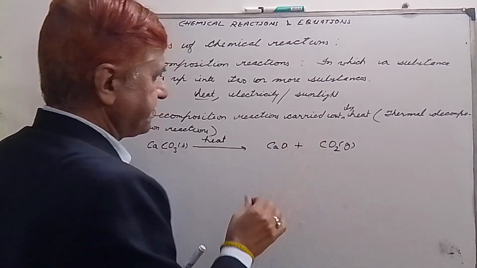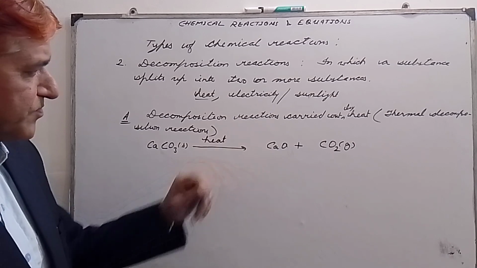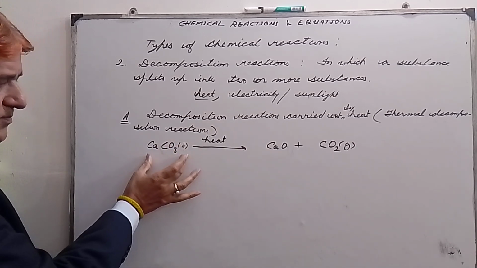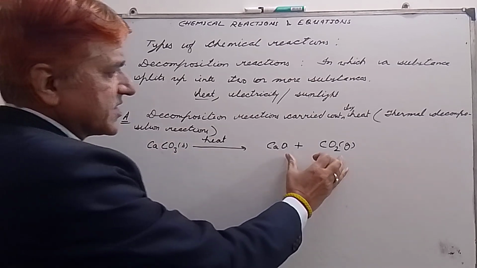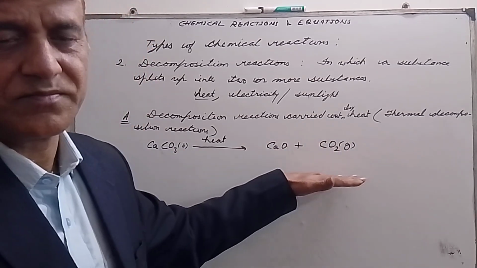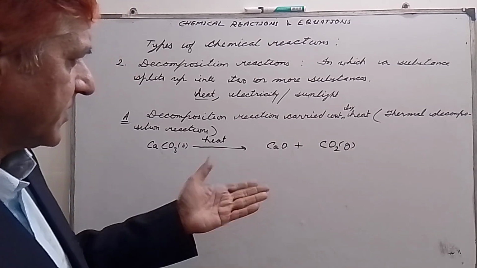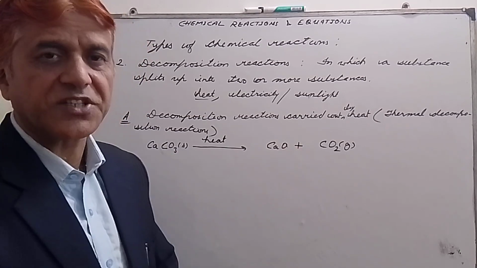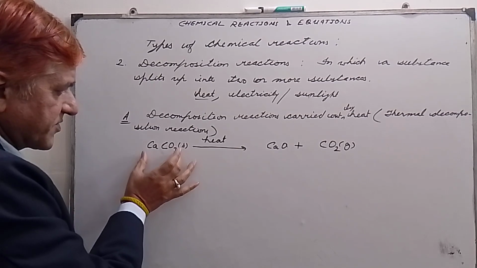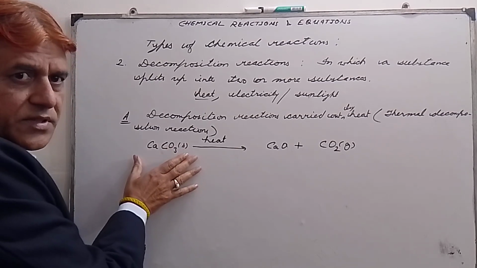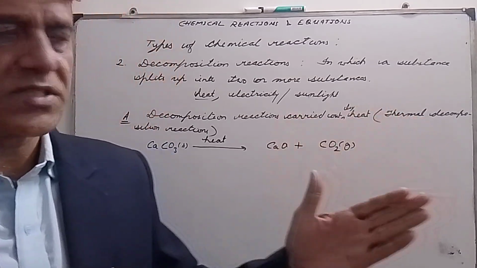So this is a decomposition reaction. One substance in the reactant side and two substances in the product side. It is very easy to identify a decomposition reaction by just seeing one substance in the reactant side and two or more substances in the products side.